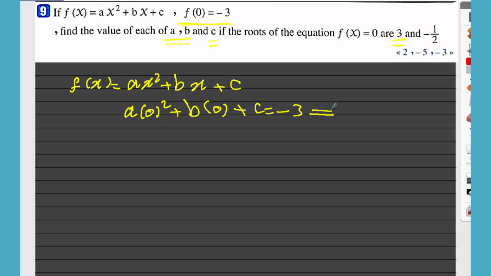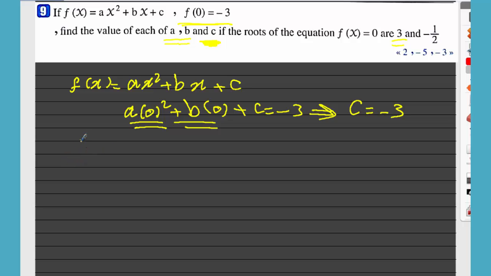So we have 0 plus 0 equals 0, 0 plus c equals c. So we have c equals negative 3, and this is the value of c. C equals negative 3.